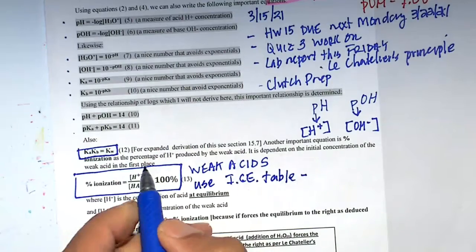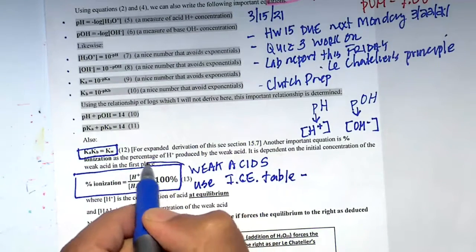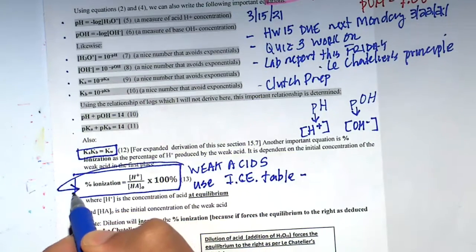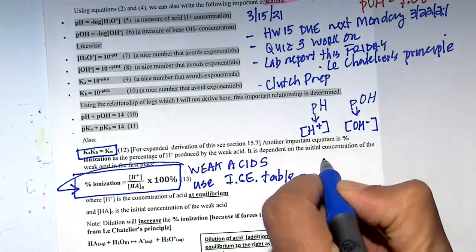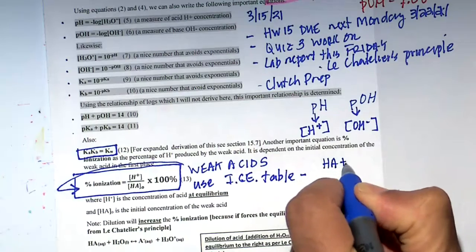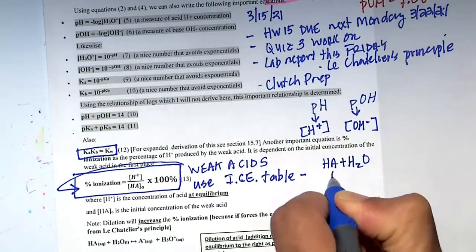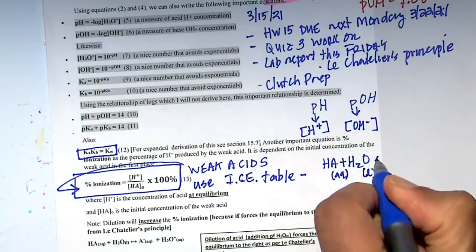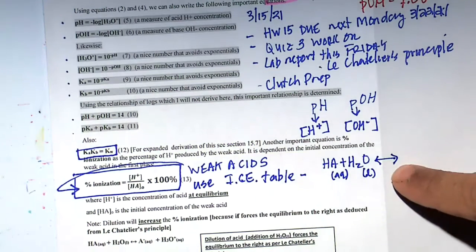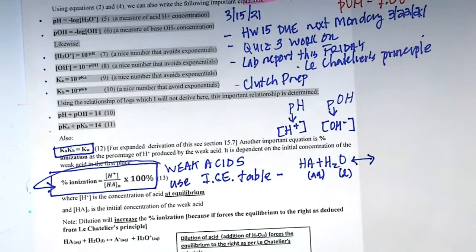So this tells us how much did the weak acid go in the forward direction. How much did the weak acid go in producing protons? So remember our equation for a weak acid, it's going to be this. It's a weak acid, so don't forget the back and forth arrow.